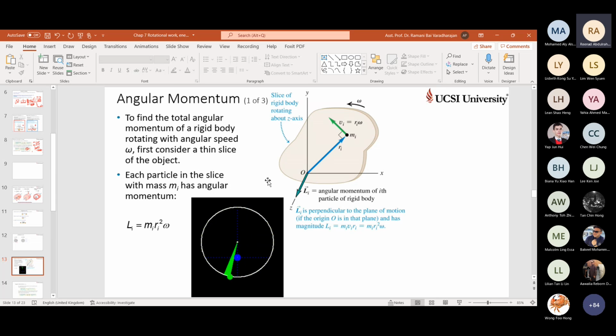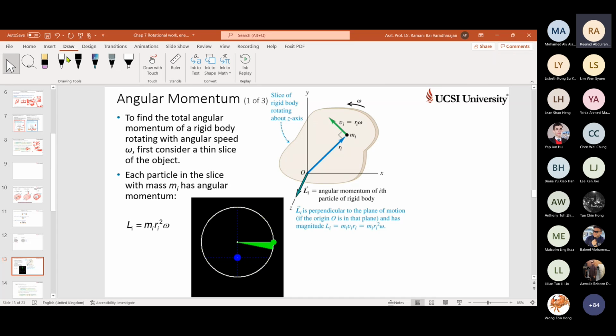Imagine this situation: angular momentum. Again, what is momentum? I am not going into linear momentum; we are already studying it from chapter 3 or 4. So what's the formula for momentum? Momentum is M into V, yeah.